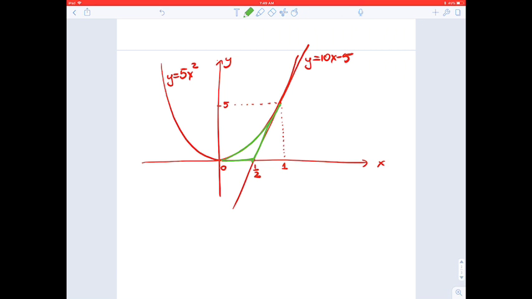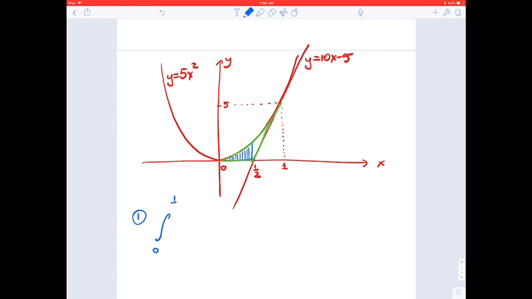The situation is a little bit of a challenge. We have to be careful. I can see that from 0 to 1/2, I will have that part, and the blue part I can name 1.